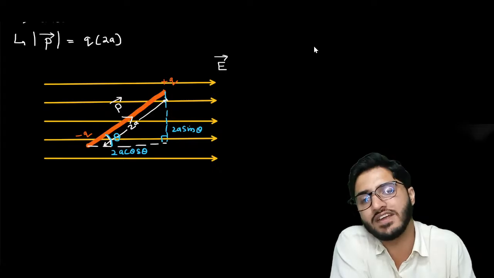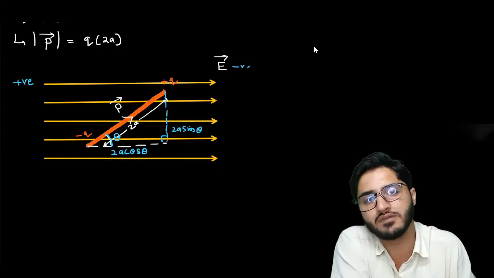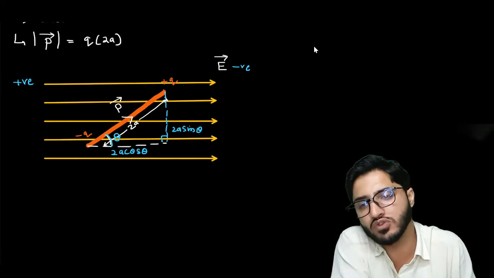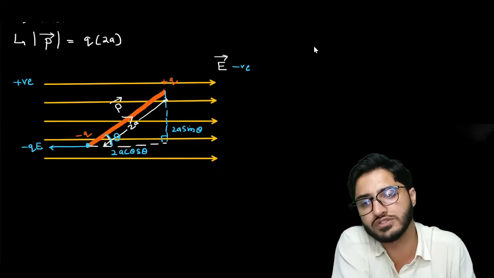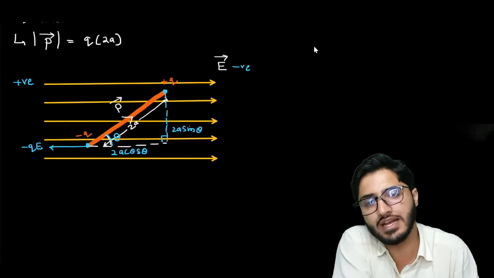Look, the electric field is going from positive to negative. The plus q will get repelled, with force qE, and the minus q will get attracted, with force minus qE.